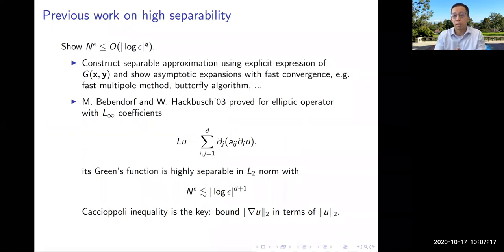And that's why for elliptic problems there are so many different efficient solvers. We'll mention a little more later, but in general it's intrinsically not that complex, even though the a_ij in L infinity looks very wild. The key thing is the Caccioppoli inequality, which gives some regularity. It's like the inverse of the Poincare inequality: it bounds the gradient of u in terms of u.